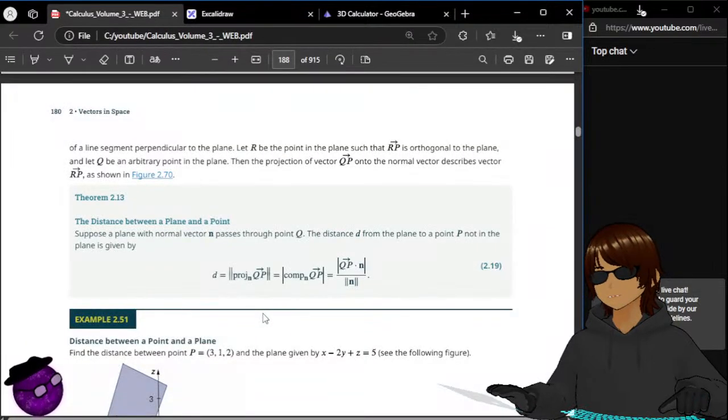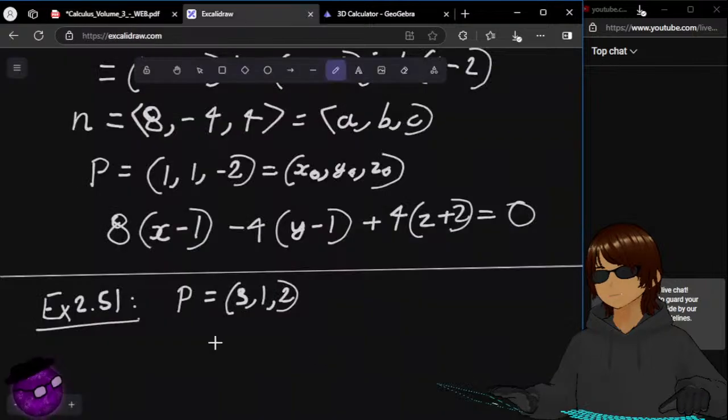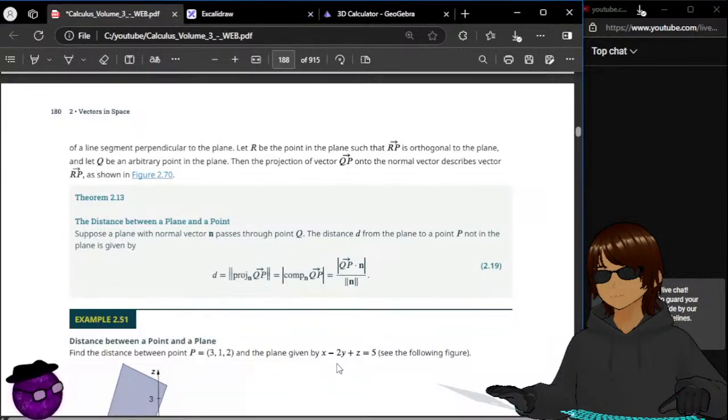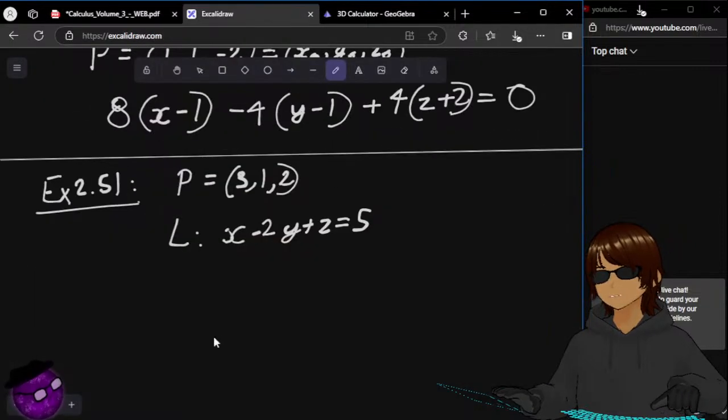And the plane is x minus 2y plus z. So we have 3, 1, 2, x minus 2y plus z.